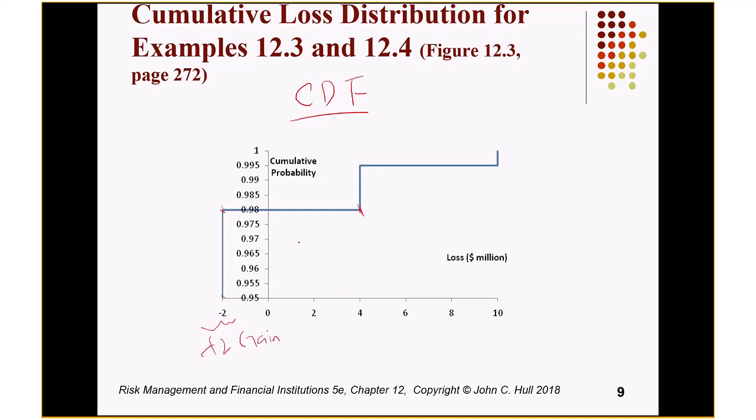Then you have $4 million loss here, at 98%. Then you have 1.5%, so that's 99.5%. So when I talk about 99.9, it's somewhere here. So we can see clearly it's negative 10.